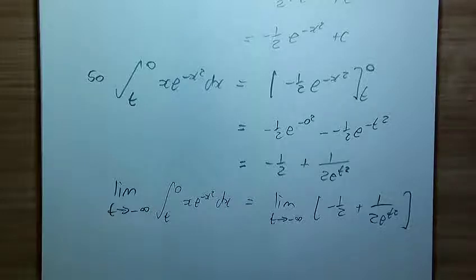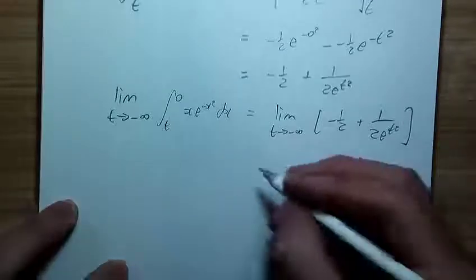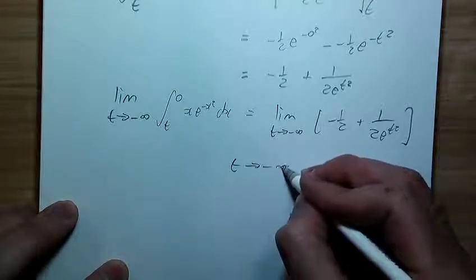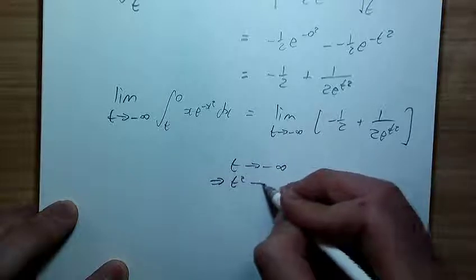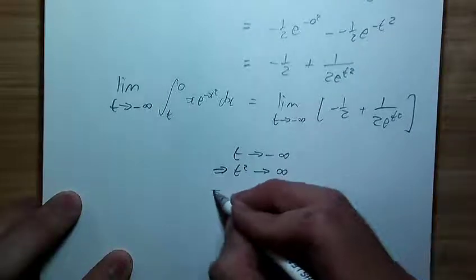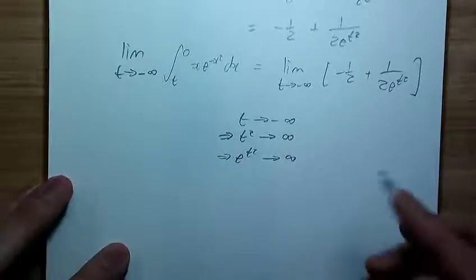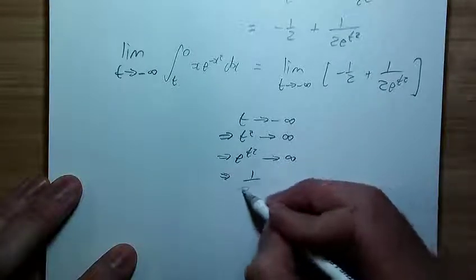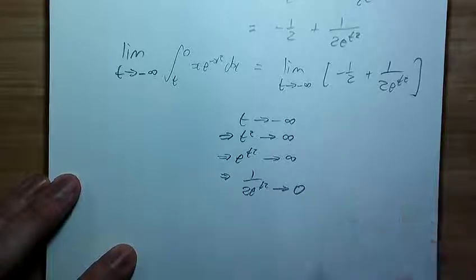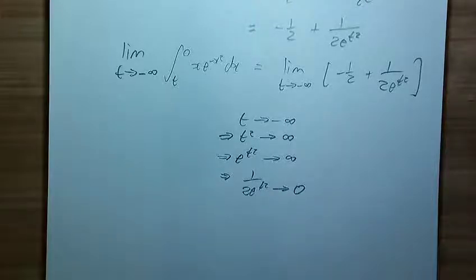E to the t squared, if t is going to minus infinity, then t squared is going to plus infinity. And e to the infinity is going to infinity, and 1 over infinity is 0. So I'm just going to write that reasoning down. T goes to minus infinity, means that t squared goes to plus infinity, which means that e to the t squared goes to infinity, which means that 1 over 2 e to the t squared goes to 0, because it's 1 over infinity.